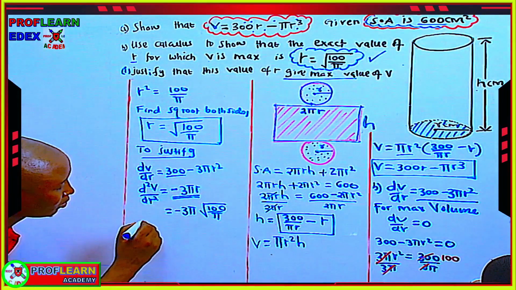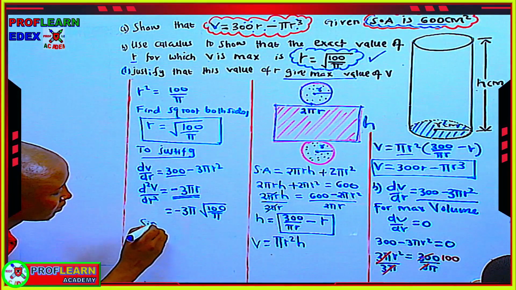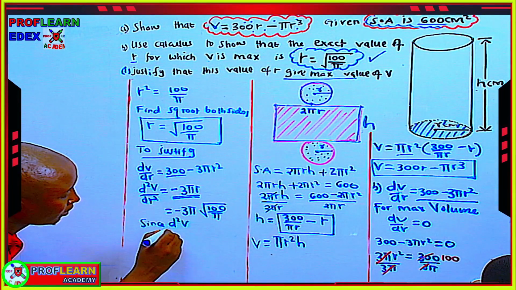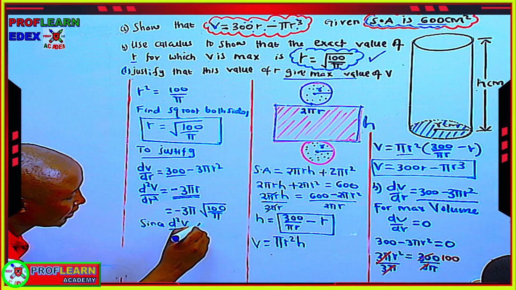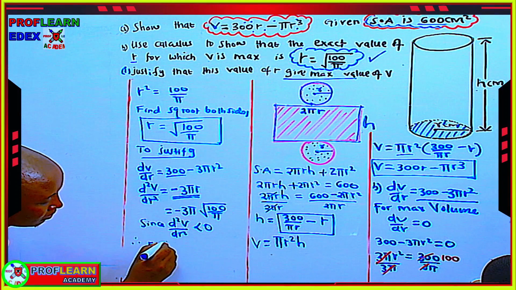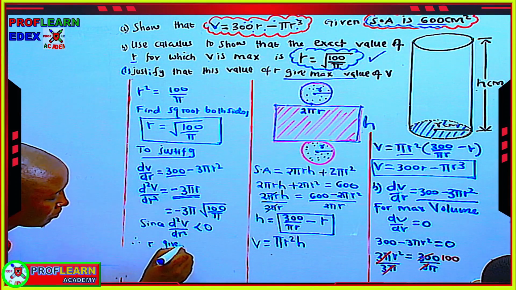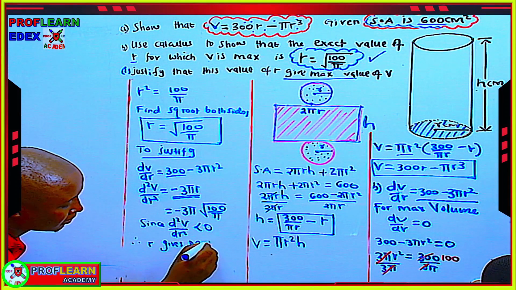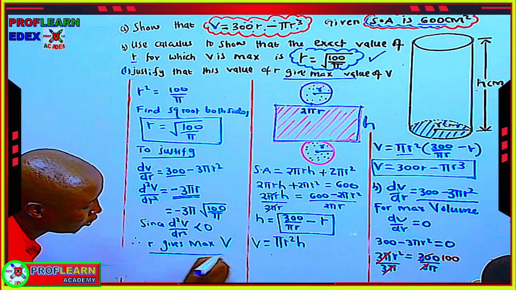Since d squared V over dr squared is less than 0 because it's negative, therefore r gives maximum volume.